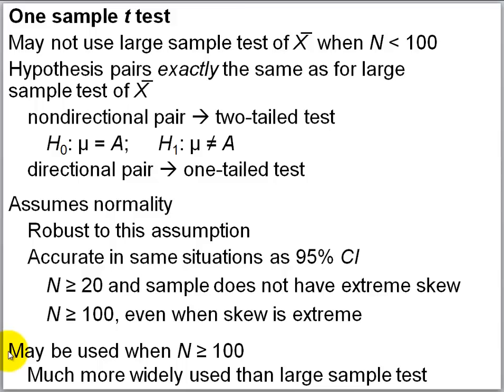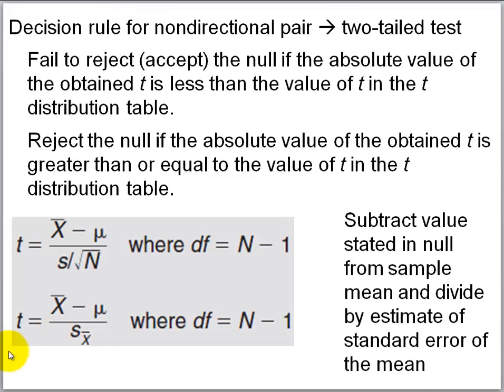The one-sample test is used much more often and much more commonly. Frankly, the large sample test and the confidence intervals based on the normal distribution, their primary use is in teaching concepts in statistics, but in practice, t-test based formulas are used much more often.